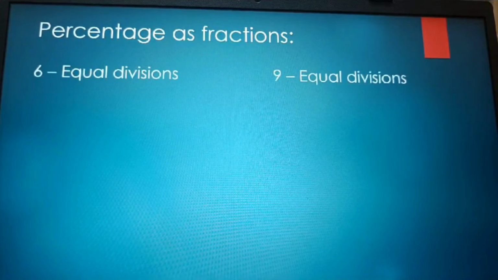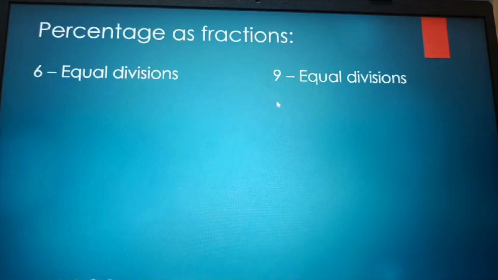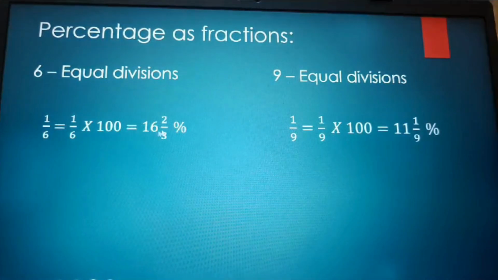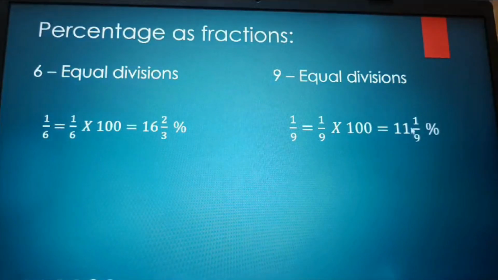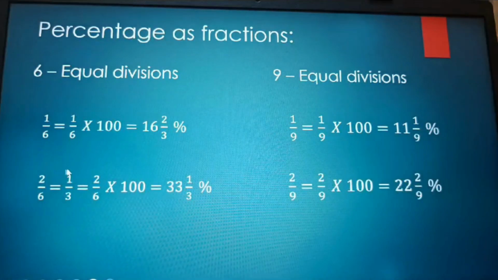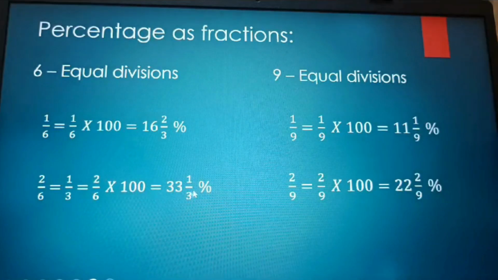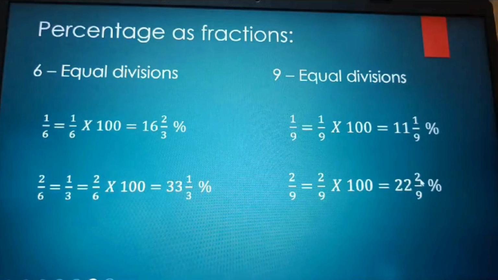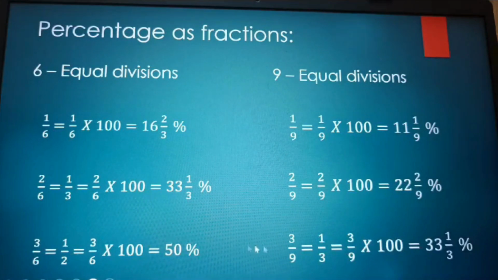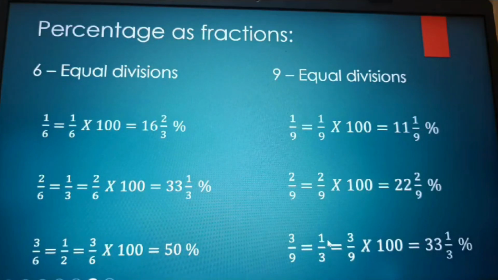So here we discuss the 6 equal divisions and 9 equal divisions of percentages. 16 2 by 3% equals 1 by 6, and 11 1 by 9% equals 1 by 9, and 33 1 by 3% equals 2 by 6, or 1 by 3. 22 2 by 9% equals 2 by 9, and 50% is 1 by 2, and 33 1 by 3 is already discussed, 1 by 3. So these fractions are to be used.